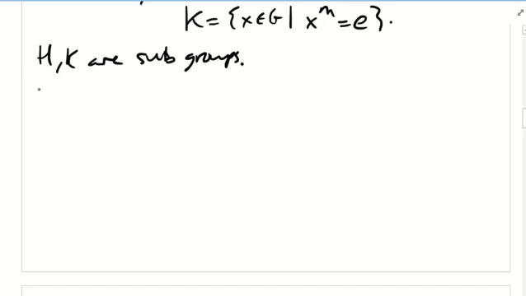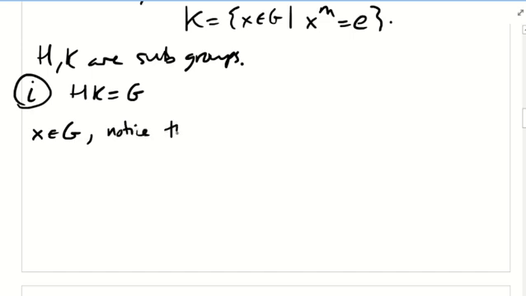Okay, so to show that G is an internal direct product of those, first I want to show that HK, that product set, is actually equal to all of G. So let's take an element x in G, and notice that the greatest common divisor of p to the n and m is 1.